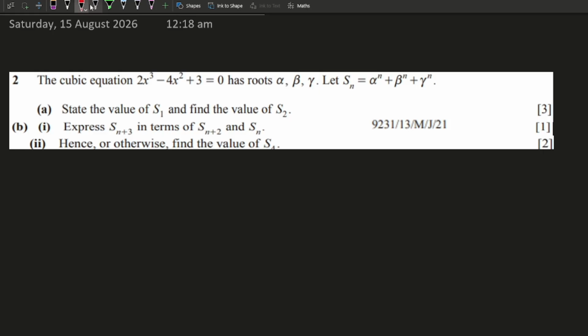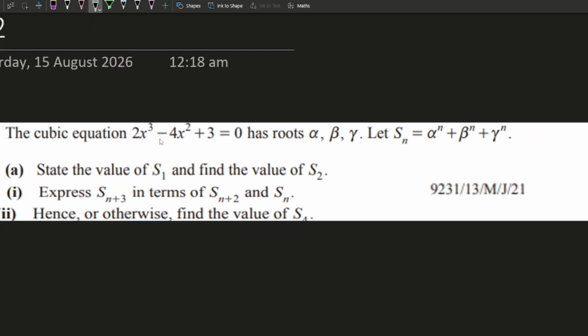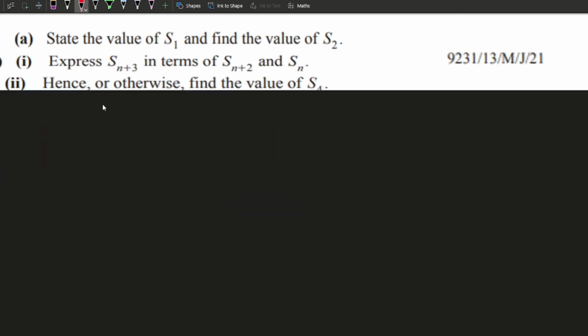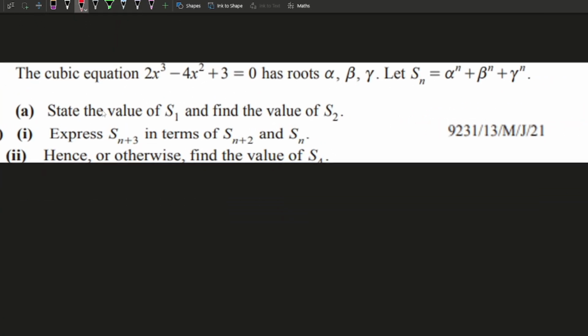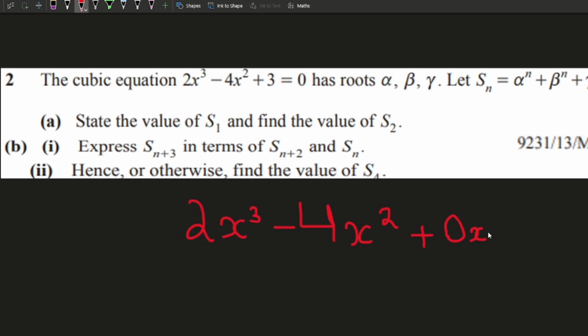Now, first of all, we have noticed that there is no x term in the equation. So let's first rewrite the equation and add the x term so things are easier for us. So 2x cubed minus 4x squared plus 0x plus 3.